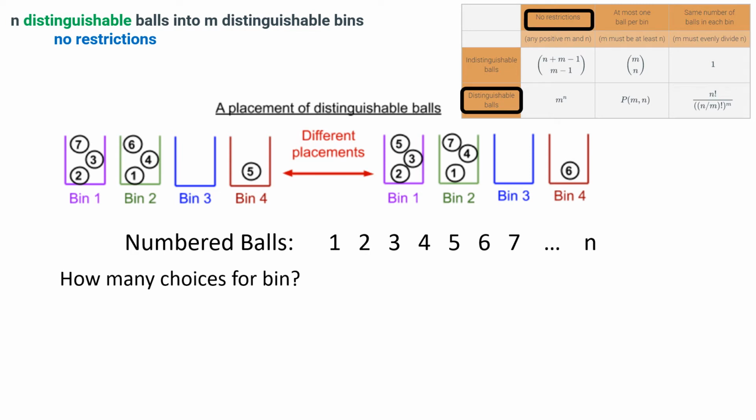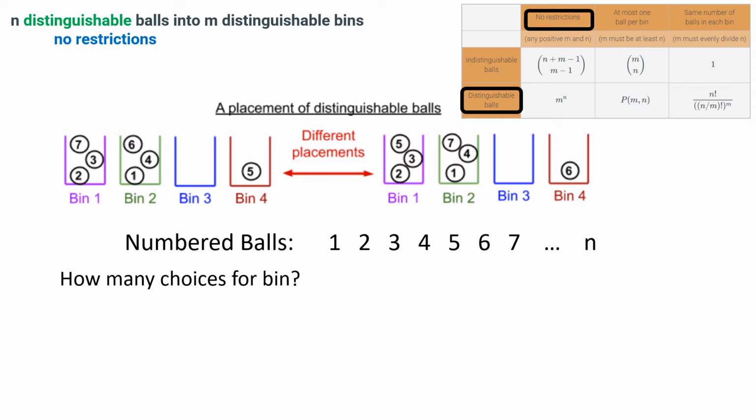Let's think about each ball and how many choices we have for the bin we're going to put ball number 1 in first. In this picture there are 4 bins, but in general we'll say there are n balls that we're putting into m bins.